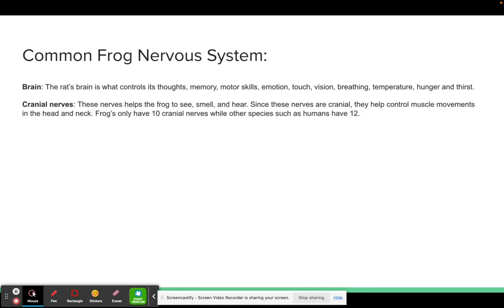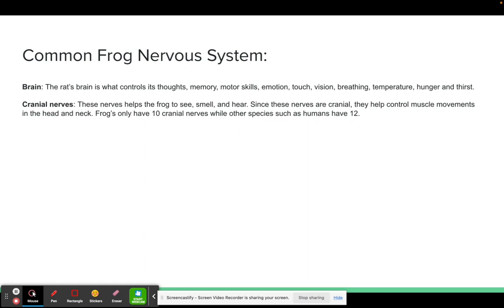For the frog, it's basically the same, as they have a brain and cranial nerves, except frogs only have 10 cranial nerves, while other species, such as humans, have 12. And in addition, as I did some research, in the rat, in the brain, the medulla is what regulates the automatic functions such as digestion and respiration, and the body posture of the frog and muscular coordination are controlled by the cerebellum.